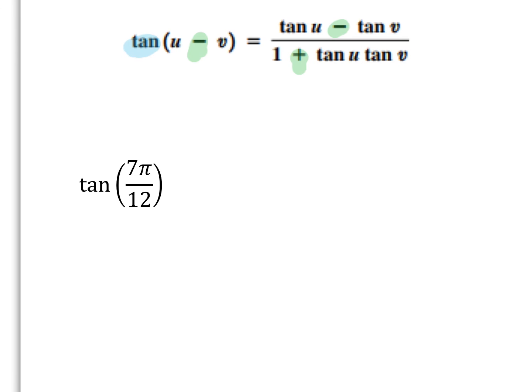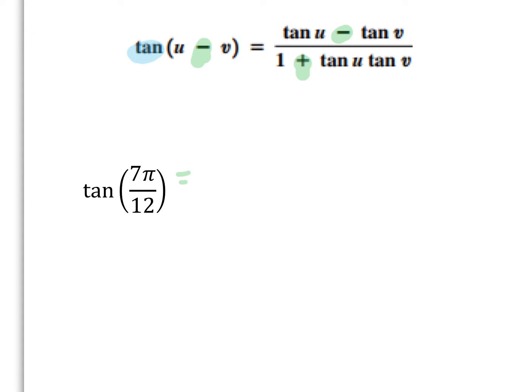All right, so for this first one, we're trying to combine together to get 7 pi over 12. So we want to go back and look at our list of angle measures so that we can add or subtract to get 7 pi over 12.